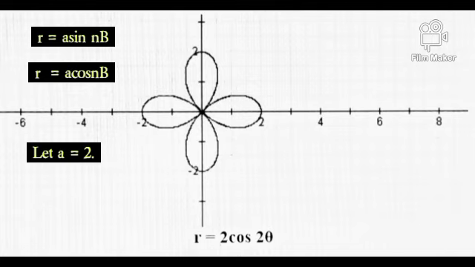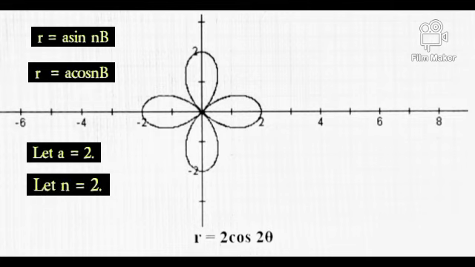And we find the relation between the value of n, the positive integer n, and the number of petals in the rose, that is the graph of the polar equation r equals a sine nb or r equals a cosine nb.